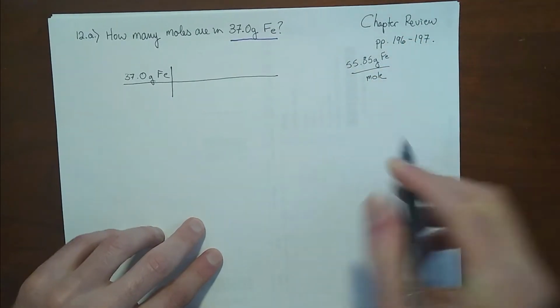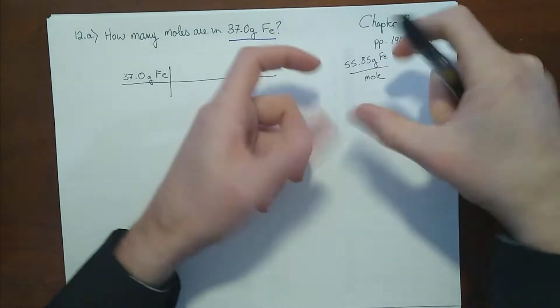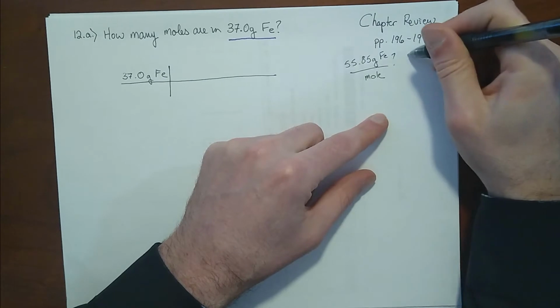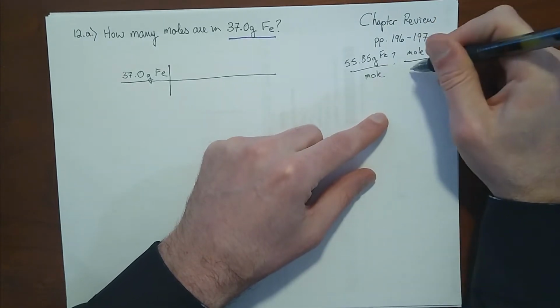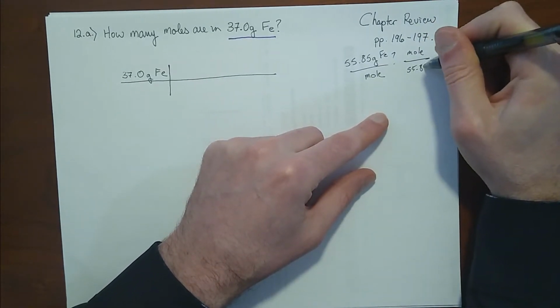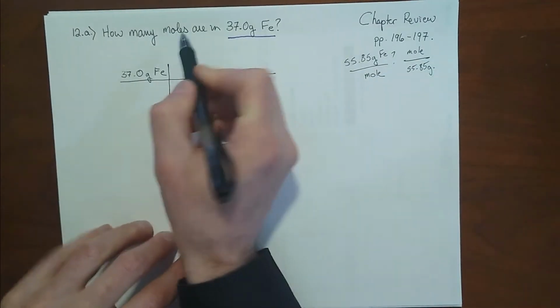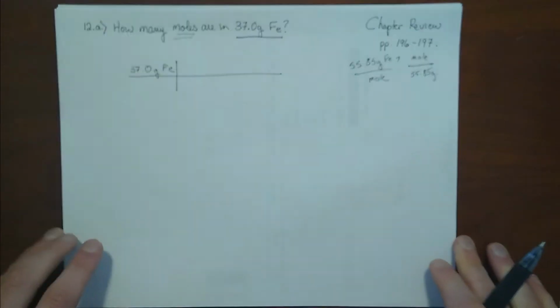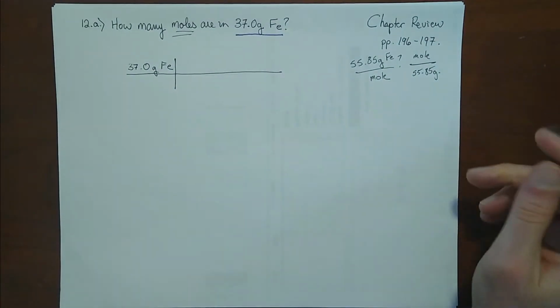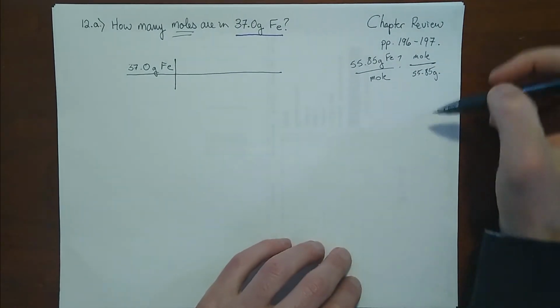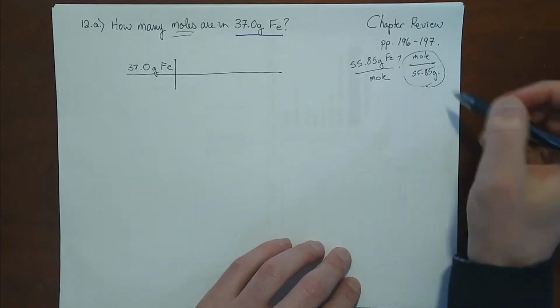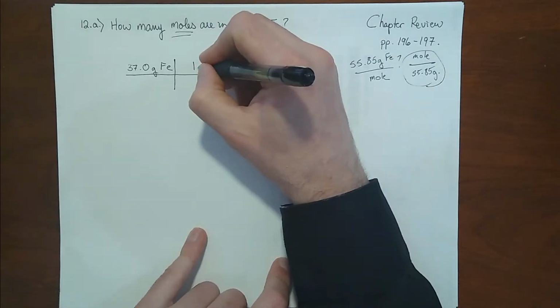per mole. And I want to orient this in a way that is going to cancel out the units that I don't want and keep the units that I'm trying to end with, which is the number of moles. So in this case, I want this version of the conversion factor.